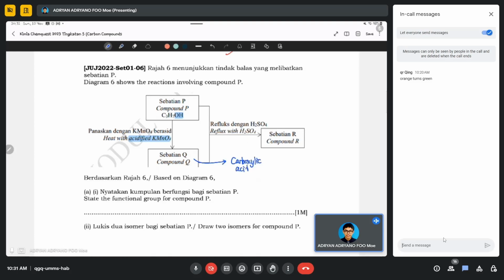OK， 这个一定会拿到 carboxylic acid。OK， 这个我还没有看题目我只是看那个 diagram 罢了。我给自己清楚我要做什么东西，所以我知道 compound Q 是 carboxylic acid。OK， next，if alcohol 跟那个 carboxylic acid， 这两个我掺在一起，我 reflux with concentrated H2SO4， what do I get? I will get an ester.